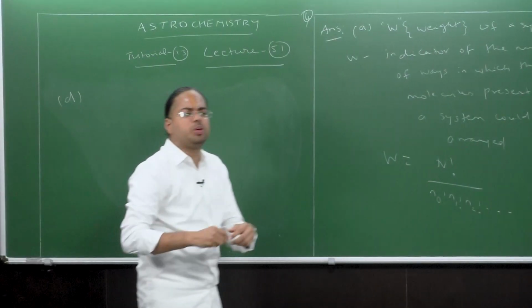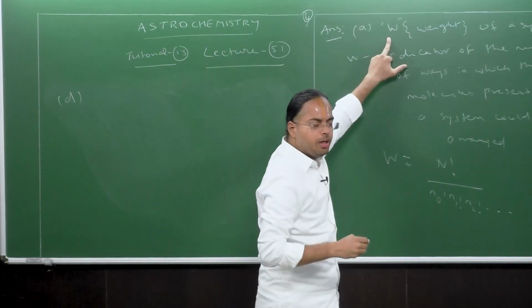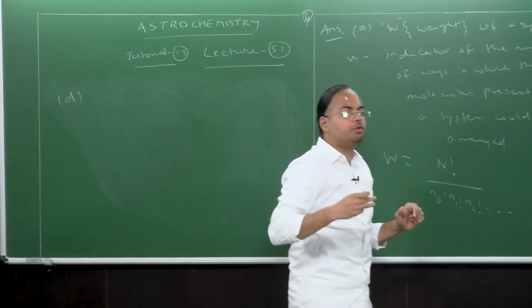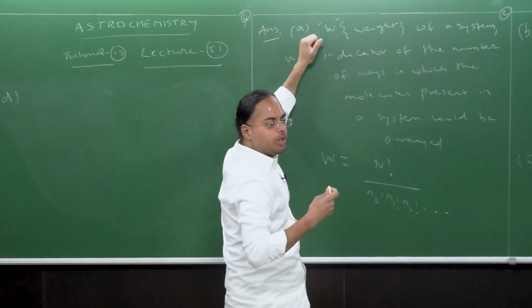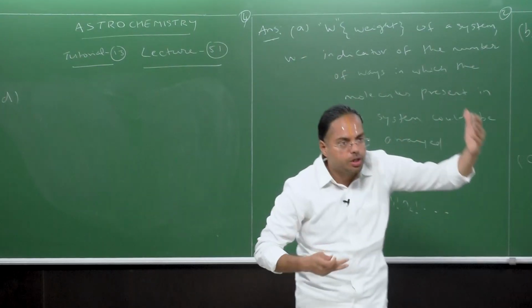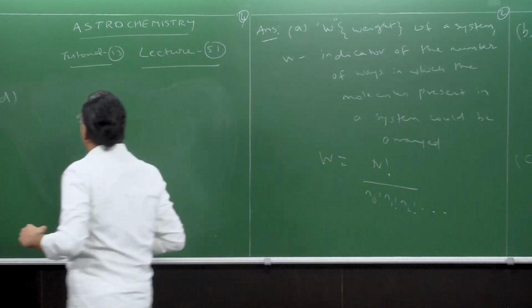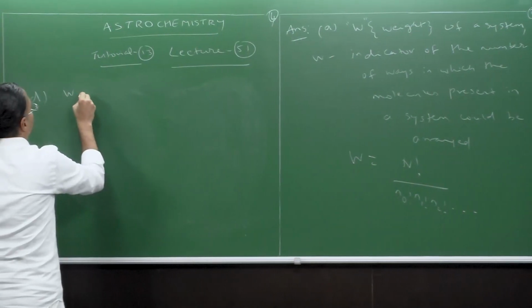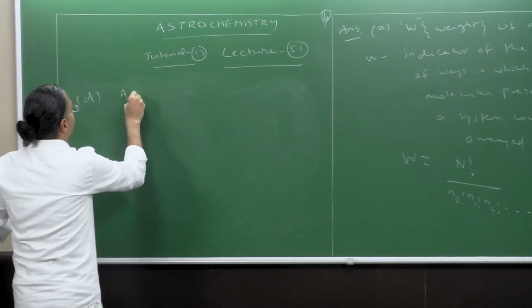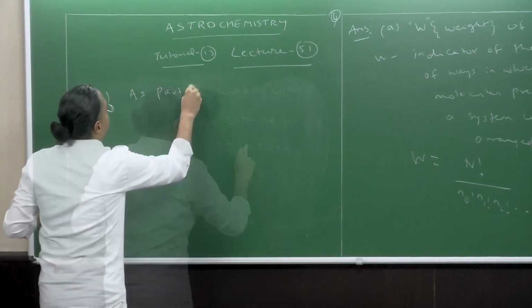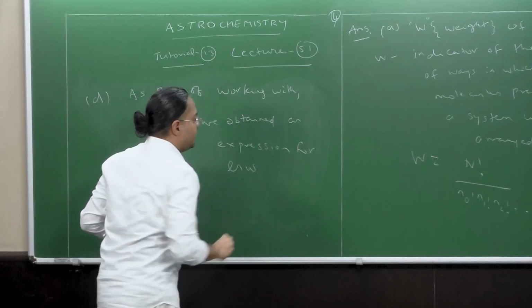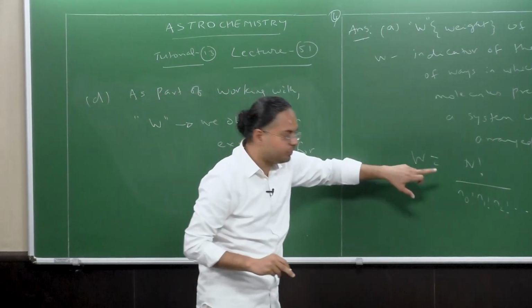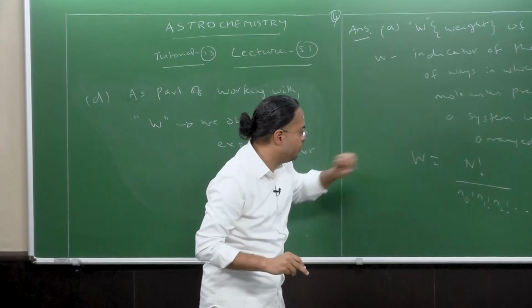We had to deal with W, the weight, but instead we were mathematically manipulating the expression for ln W. In other words, we chose to work with ln W, the natural logarithm of this expression.